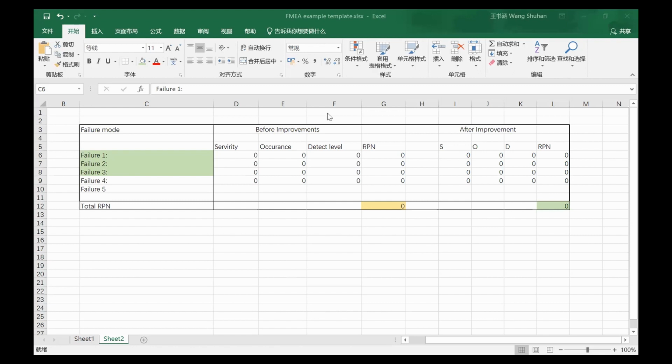First one, user error. And number 3, after-sale maintenance cost. Also something from outside. I believe this can be something to discuss as well.